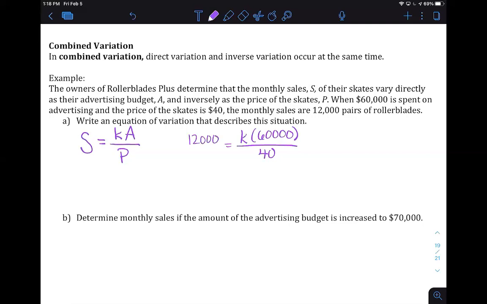Okay, so you kind of have options here. You can either divide first or multiply first. Let's go ahead and divide. So we have 12,000 equals, so 60,000 divided by 40 is 1,500. And then divide to get K by itself.